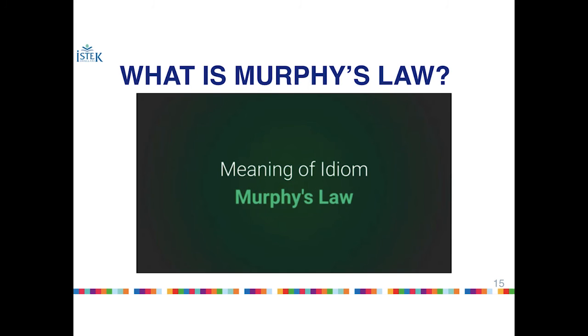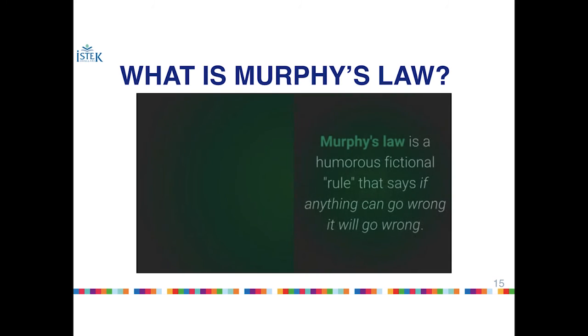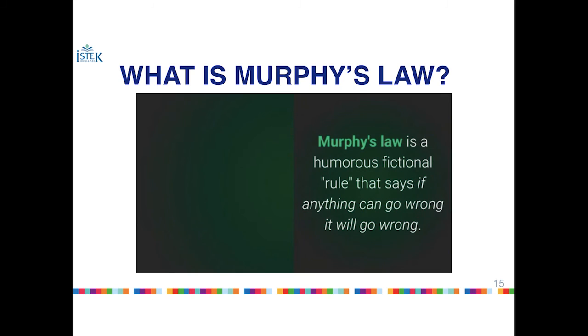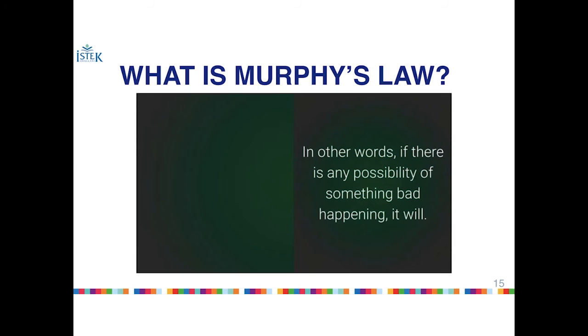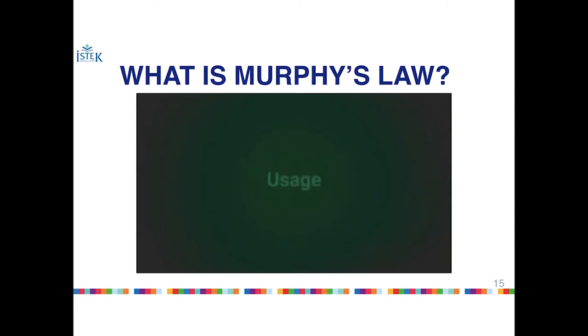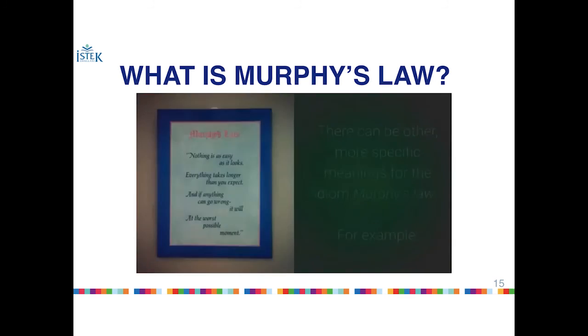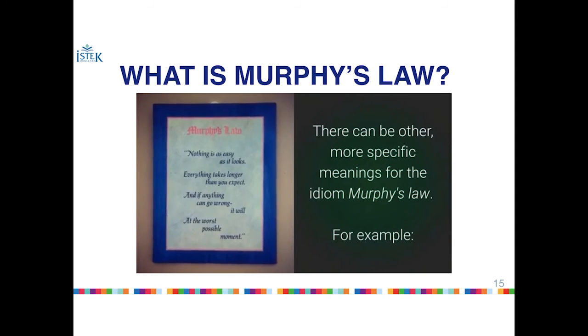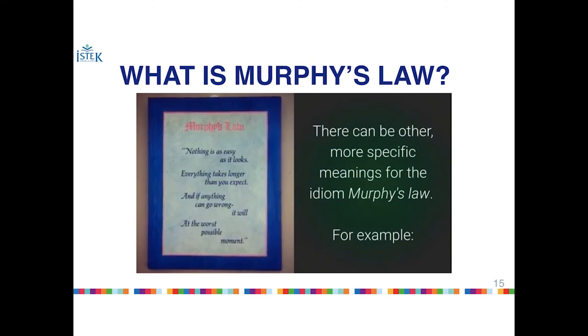Meaning of the English idiom Murphy's Law. Murphy's Law is a humorous fictional rule that says if anything can go wrong, it will go wrong. In other words, if there is any possibility of something bad happening, it will. Usage of idiom. There can be other, more specific meanings for the idiom Murphy's Law.